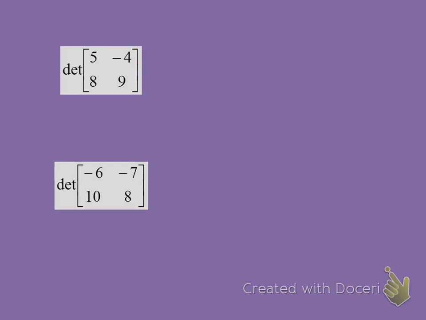So we got two here. You say take the determinant. So you're going to go green times green, 9 times 5. I don't know why I did that backwards, but whatever. Minus red times red.